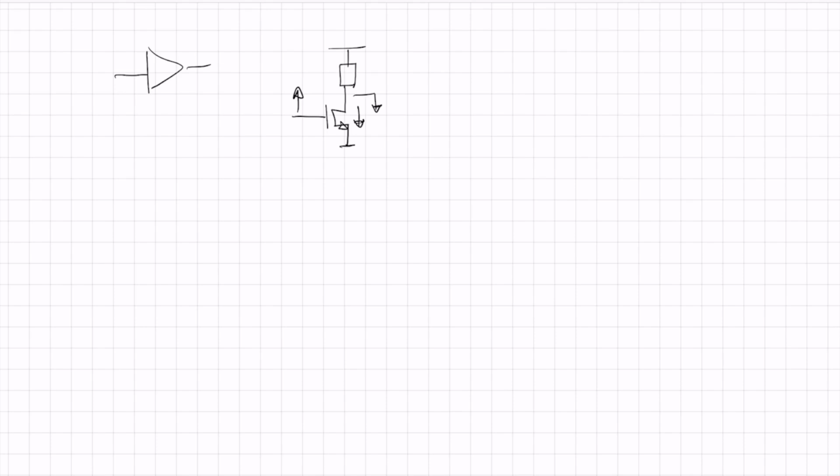If this transistor has a transconductance GM, that means that the drain current I is GM times V in, where GM is the small signal transconductance. Then that current flows into the resistor, and the gain is GM times R.